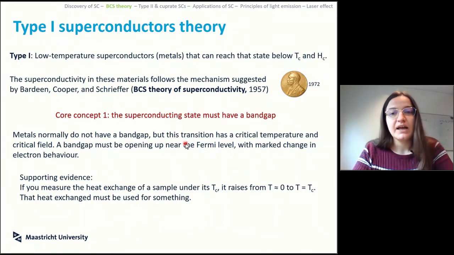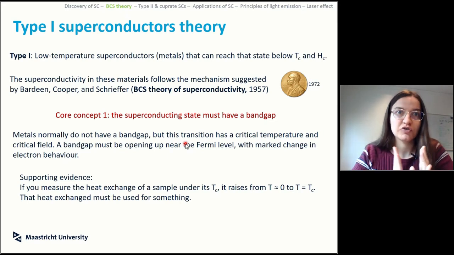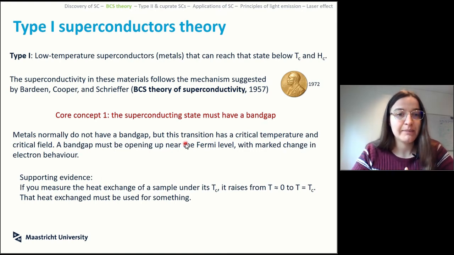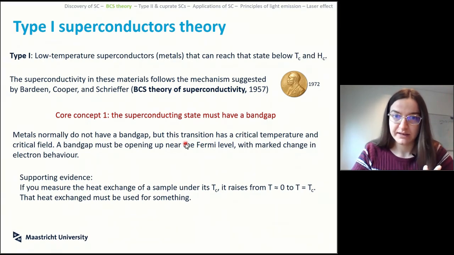Now, for materials like vanadium, you can measure upon warming towards the critical temperature. So your material is superconducting, and you are warming towards the critical temperature. The heat capacity of vanadium, which has a critical temperature of 5.4 Kelvin, increases as you approach it. And this is not a small increase, this is like a 100-fold increase in heat capacity.